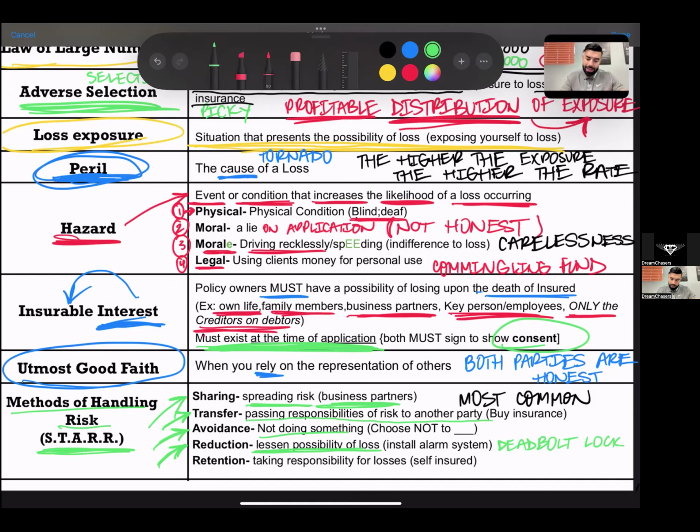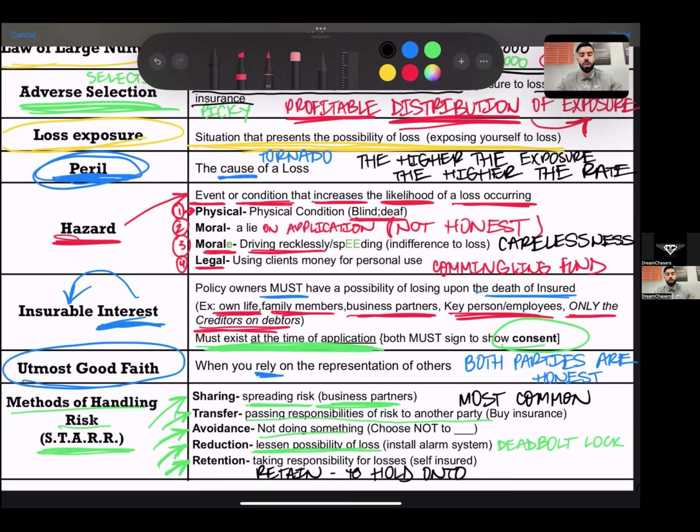And lastly is retention. Retention, it says, is taking responsibility for loss. Another way to think of it is the word retain, which in other words means to hold on to.